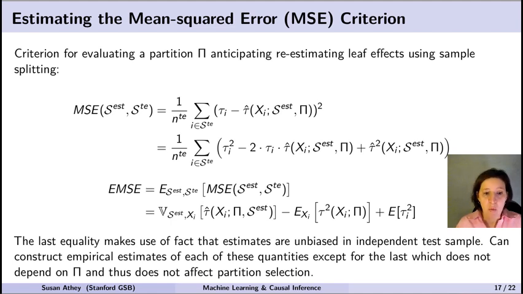And one of the reasons that we know that variance is going to be good is that our tau hat, by construction, is going to be unbiased within the leaves of the partition. And the reason we know it's going to be unbiased is that the estimation set is independent. The estimation set wasn't used to construct the pi.